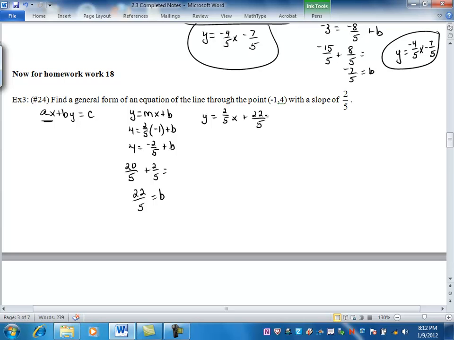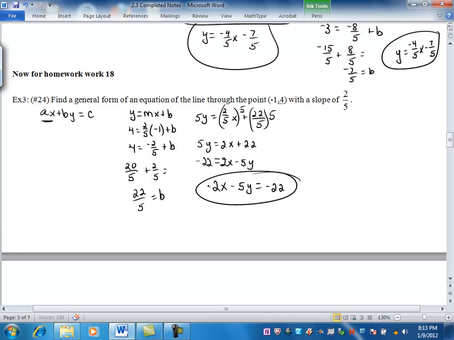Now what we want to do, remember, we need the constant on the side by itself, and we don't want any fractions, so I'm going to multiply everywhere by 5. 5y equals 2x plus 22. 2x minus 5y equals -22, and that's the way we'd usually write that.